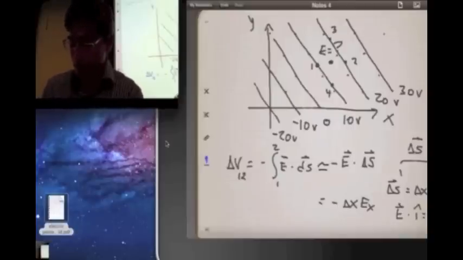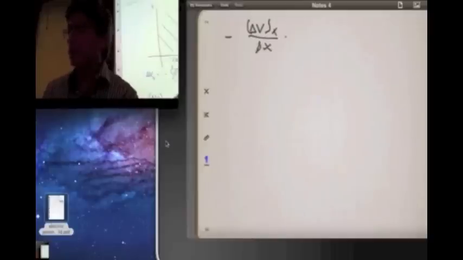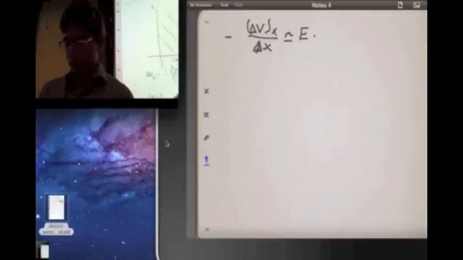So that means that if you move along the x direction, and I'm going to denote that by a little x here to remind you, minus delta V sub x divided by delta x, with a minus sign here, should be approximately equal to the component of the electric field along the x direction. Your electric field at that point is a vector in 2 dimensions, so it has an x component and a y component. So the x component, you could find it that way.